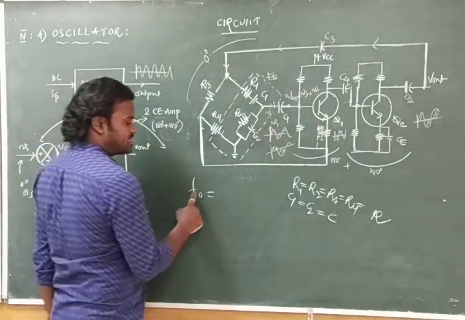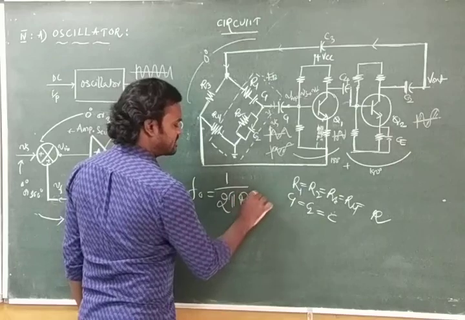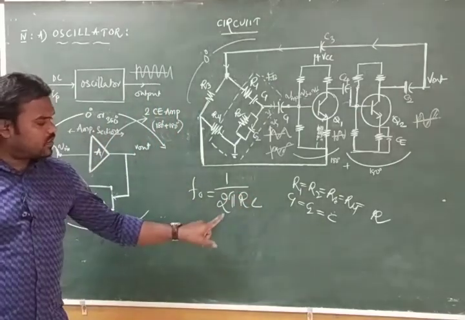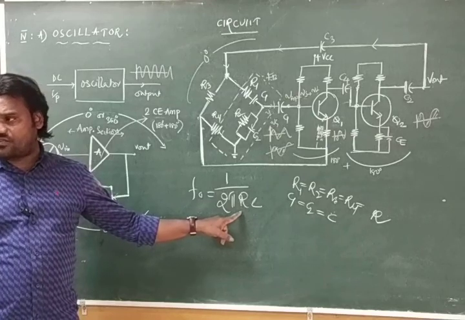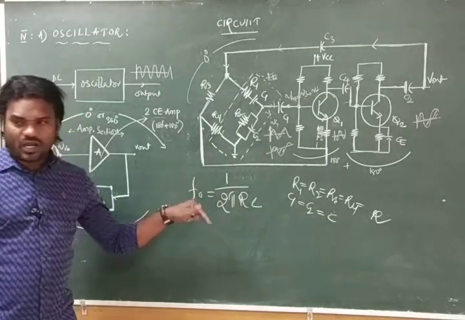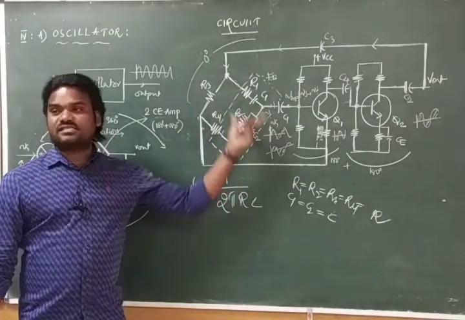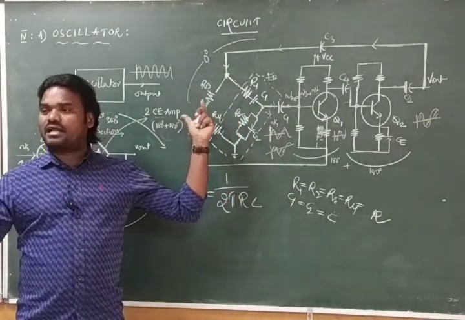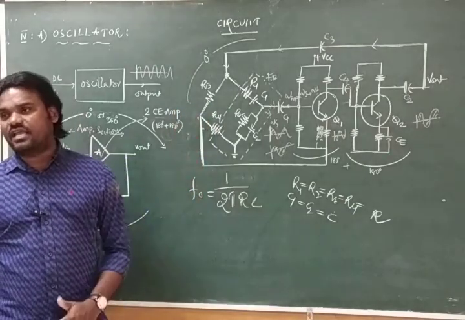In such cases, FO is given by 1 by 2 pi RC. 2 is a constant. Pi is also a constant, 3.14. So that FO is purely dependent on R and C components, which are the main components in the feedback network. So what conclusion can we give?